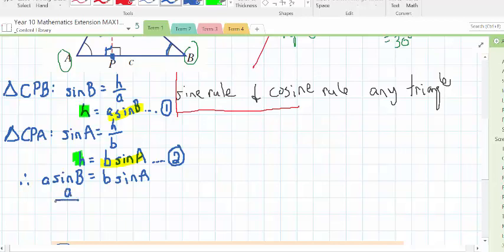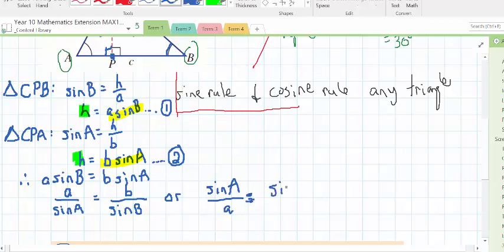Rearranging, A over sine A equals B over sine B if you do some algebraic rearranging. Or if you did it in a different method, you could get sine A over A equals sine B over B.